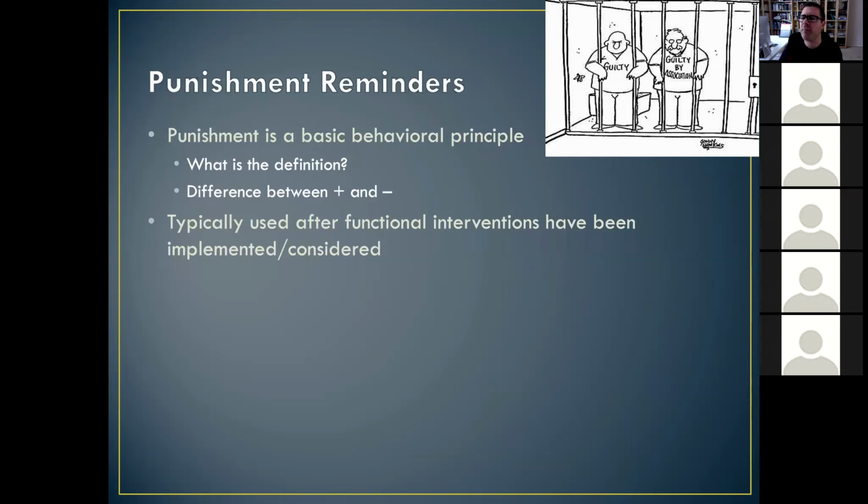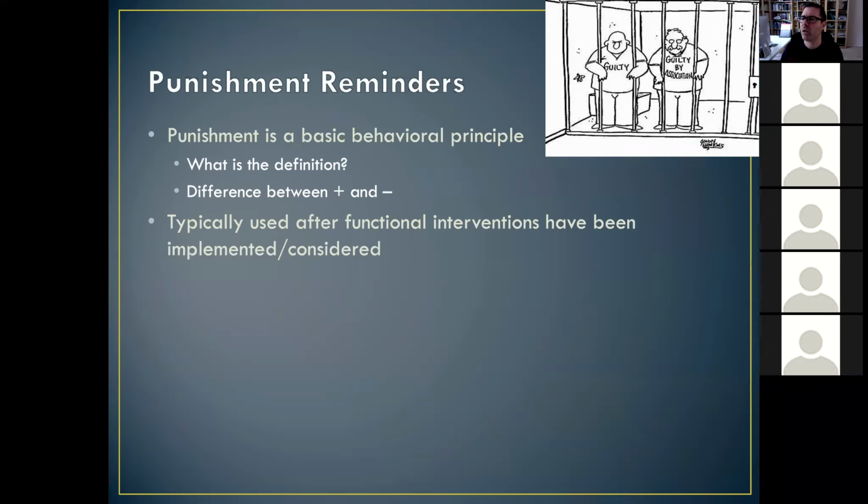Now, if you identified the function of the behavior accurately and correctly, and implemented those procedures with fidelity, then the likelihood that you're going to have to resort to punishment is very low. There are some cases in which, even after implementing a functional-based intervention, behavior has not been reduced to the levels it needs to.